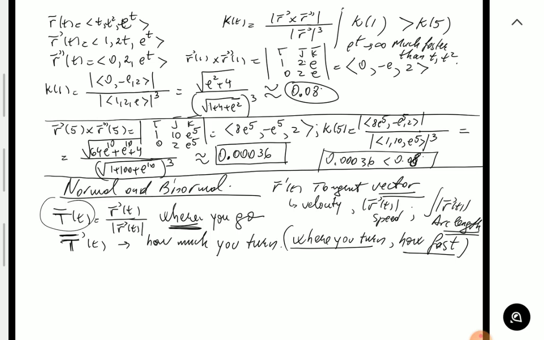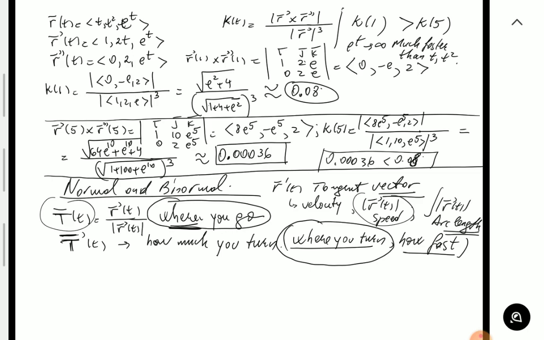Just for the same reason that you normalize the tangent vector, you may want to normalize the derivative of the tangent vector if you just care about where you turn, just the direction of turning. So unit tangent gives you just the direction where you go, irrespective of the speed.